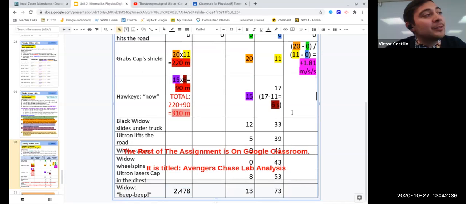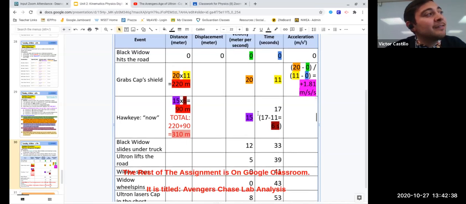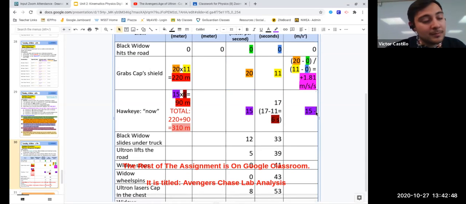And to find the acceleration here, all you gotta do is take the final velocity, which is 15, minus the initial velocity at this point, which is 20, divided by the final time, which in this case was 17 seconds, minus 11 seconds, which was what? It was actually 6 seconds.